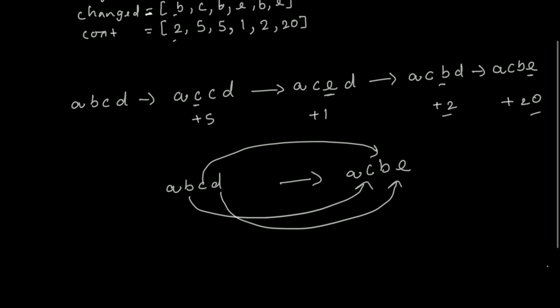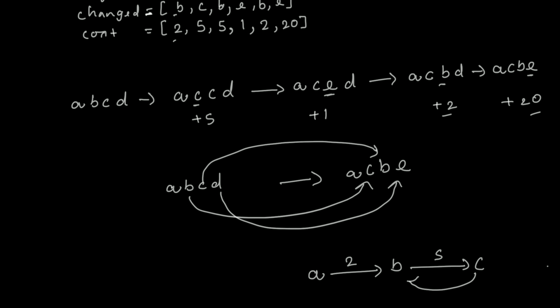We are given, so we can say that for that particular example, if we try to make a graph, we can go from A to B, we can change A to B with cost 2, and from B to C the cost is 5, and then C to B the cost is 5, then C to E the cost is 1, and then E to B the cost is 2, and then finally D to E the cost is 20.